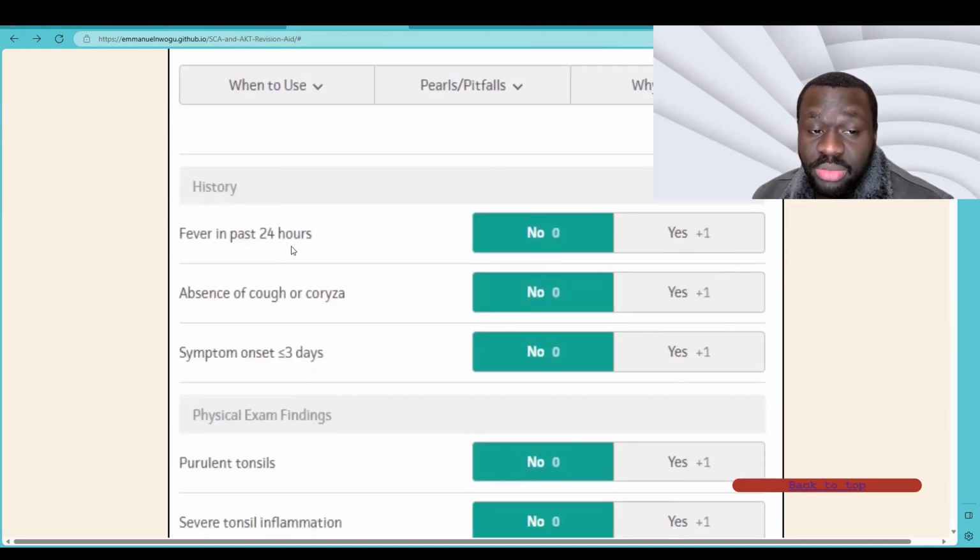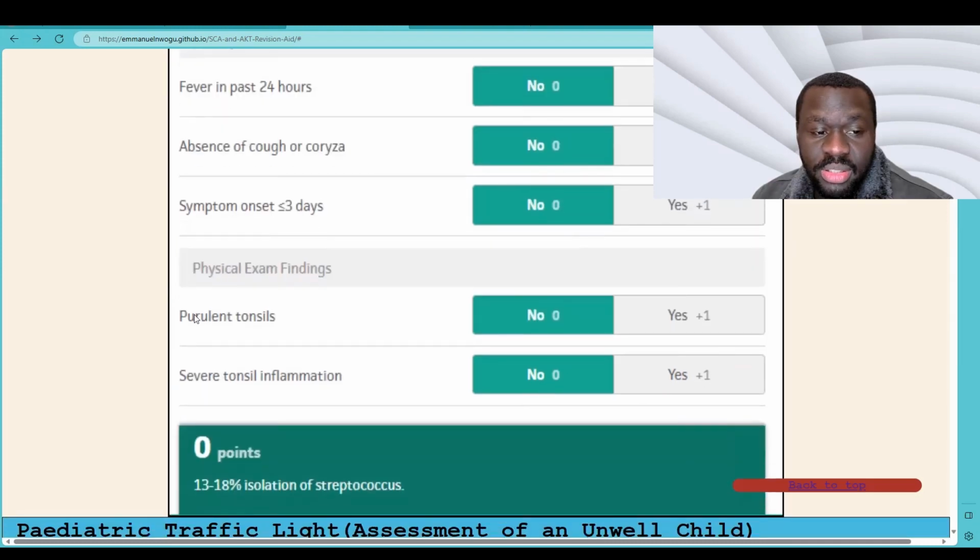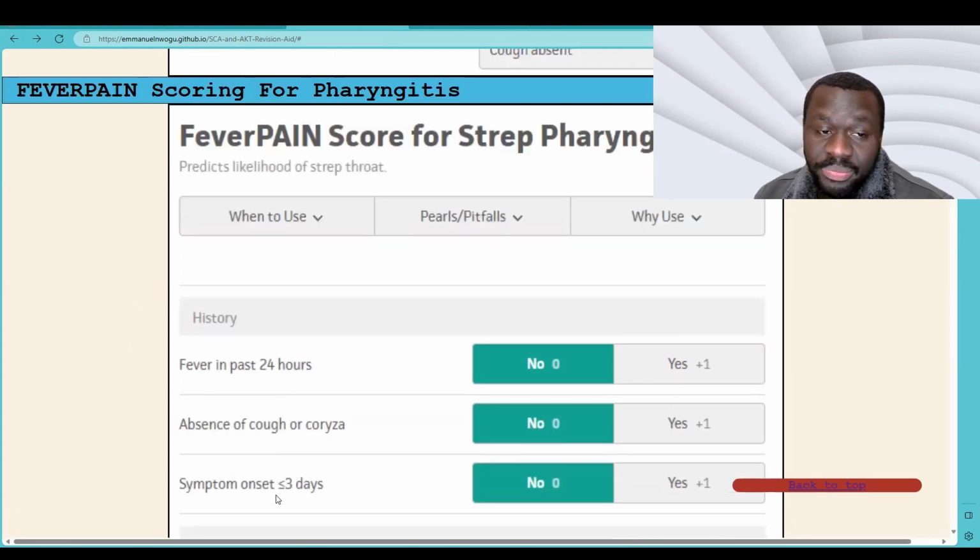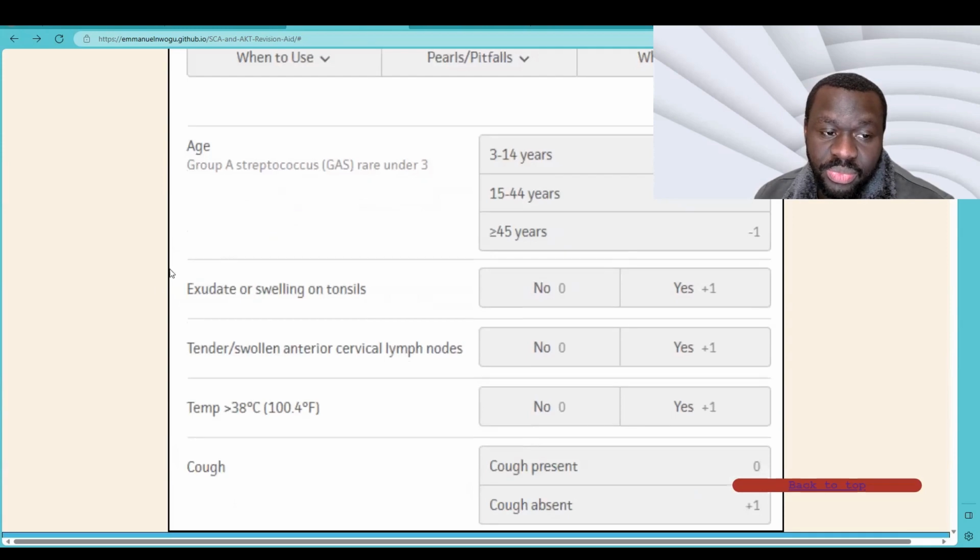Fever in the last 24 hours, if yes, absence of cough, +1, symptom onset less than or equal to 3 days, purulent tonsils, which are the exudates, +1, severe tonsillar inflammation, the tonsillar swelling. That's put together here.